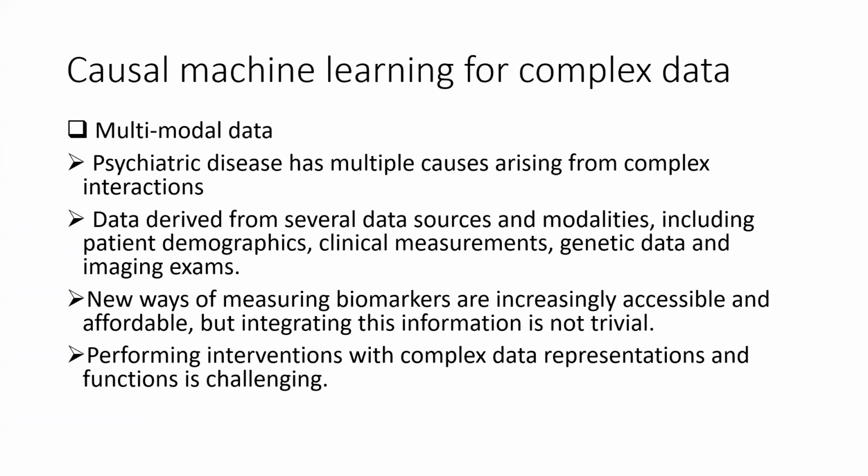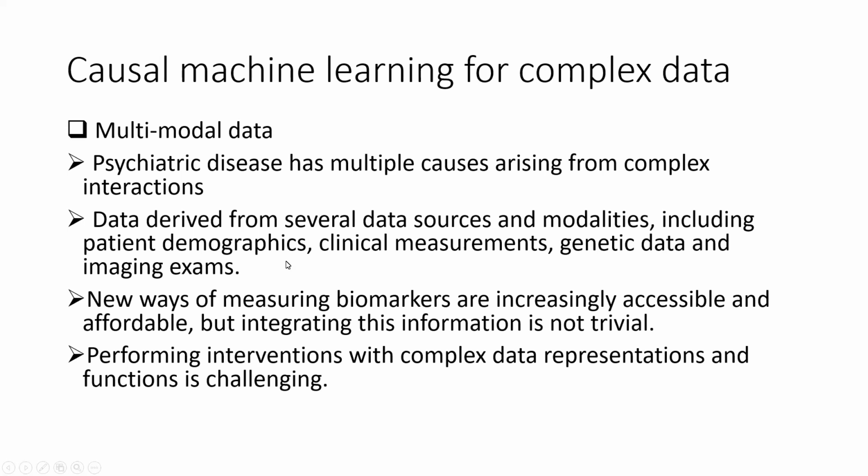Now I'm going to talk about CML for complex data. Generally, psychiatric disease has multiple causes arising from complex interactions. A recent attempt to build a causal graph for describing Alzheimer's disease takes into account data derived from several sources and modalities, including patient demographics and clinical measurements, genetic data, and imaging exams.